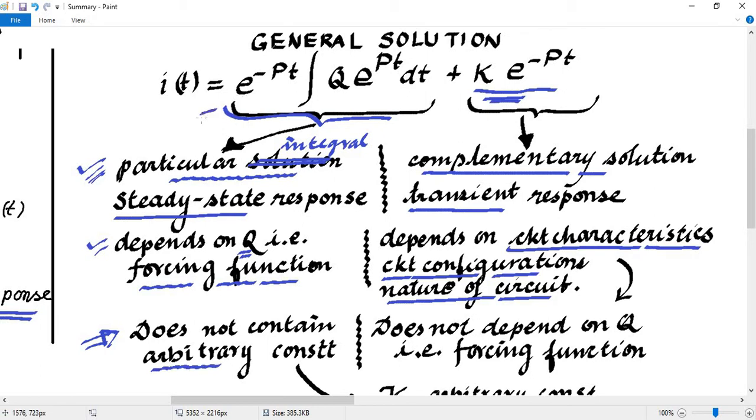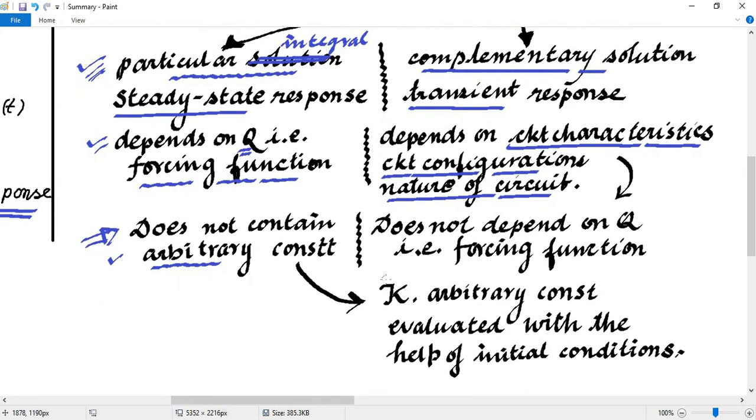We don't see any arbitrary constant here. But the complementary function has an arbitrary constant K, which is evaluated with the help of initial conditions.